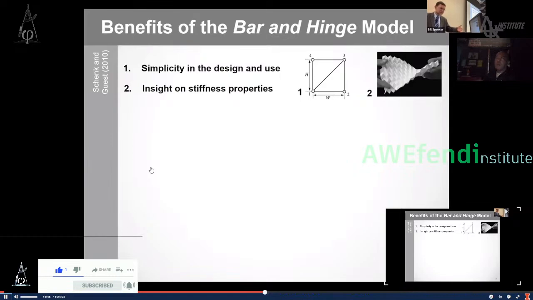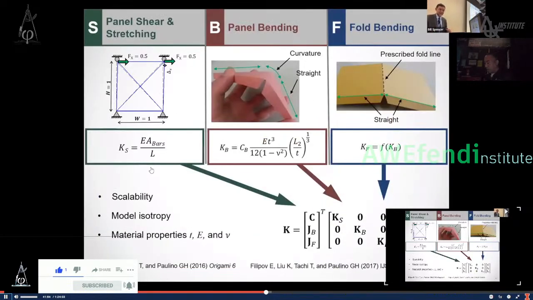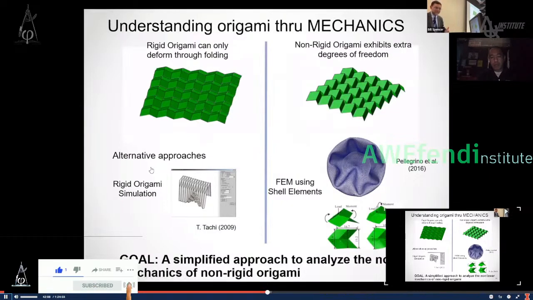And here is the history. This idea started with Schenck and Guest in Cambridge, and then we worked on it and implemented several other things, as you can see here in the slide. And essentially, this allows us, for example, to build the stiffness considering panel shear and stretch, for example, bending, and express the folding as a function of the bending and stiffness.